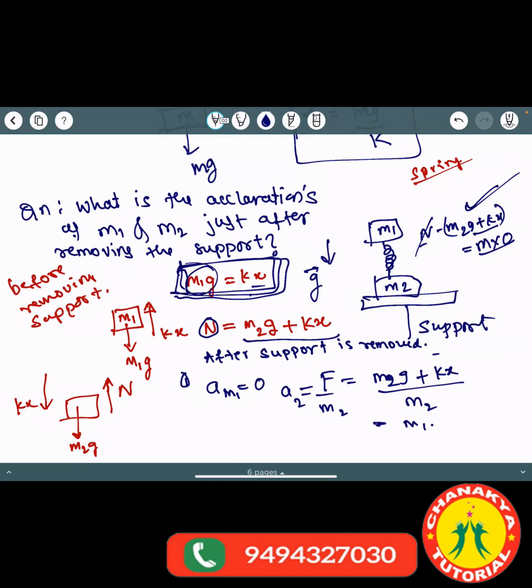So it will be M1 plus M2 times G divided by M2. This will be my acceleration of M2. Simple, right? Once you remove the support, M2G is acting downwards. Kx is also acting downwards. So the net force on M2 will be M2G plus Kx. That divided by mass M2 is acceleration of M2. Understood?